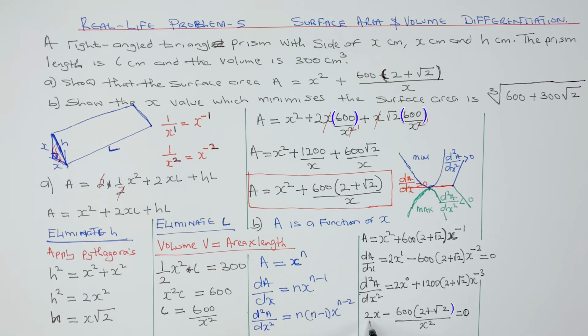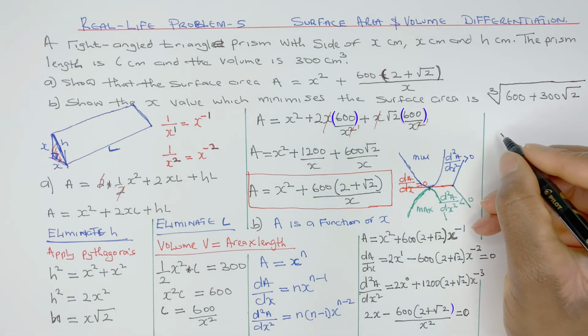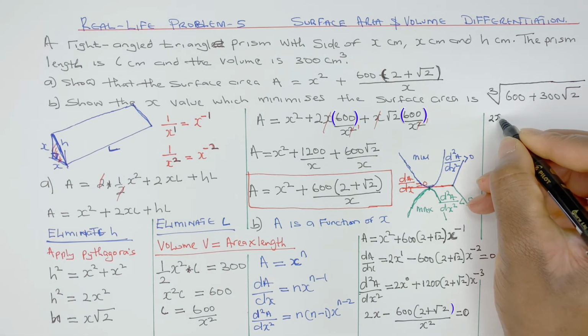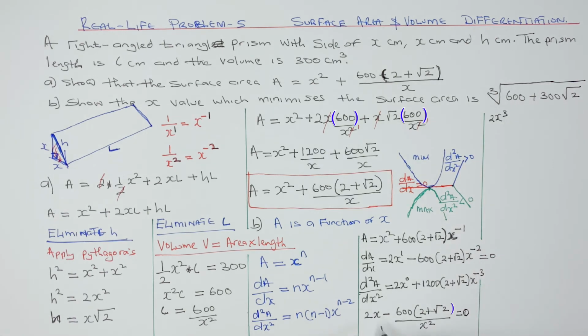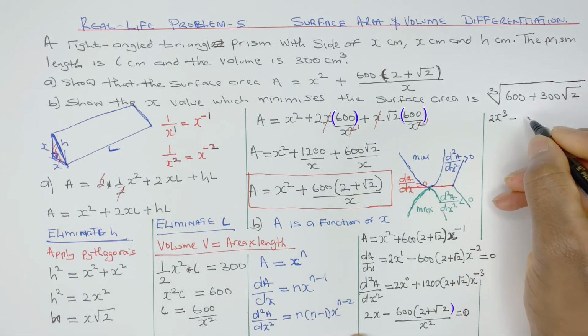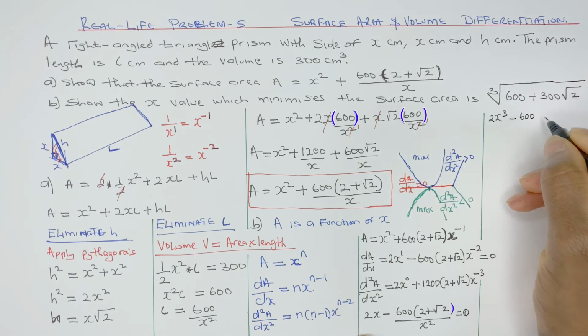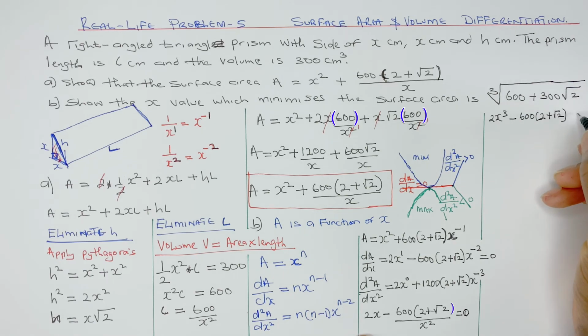So if I multiply that by x squared, I get 2x cubed minus 600 open bracket 2 plus root 2 close bracket, equal to 0, because x squared times 0 is 0.